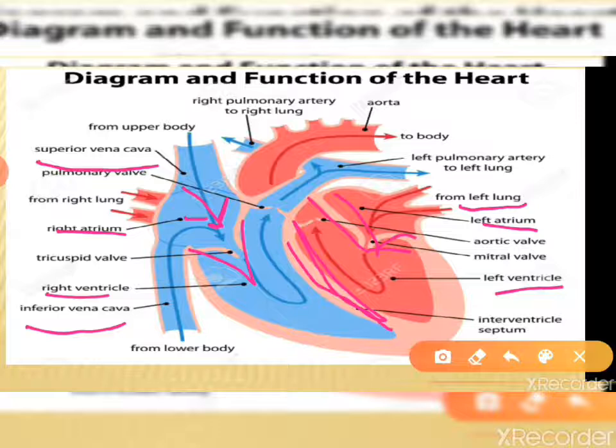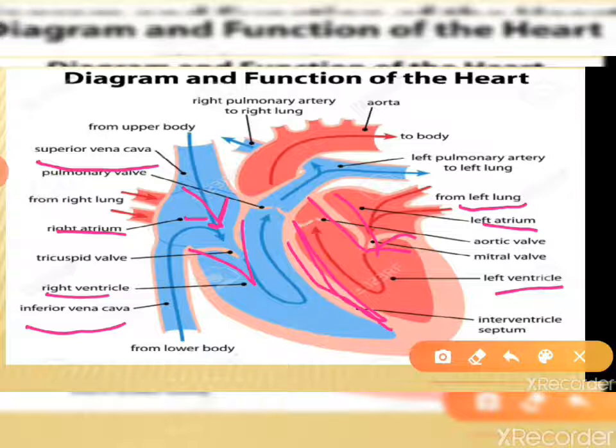When both the atria, the right and left one, are completely filled with blood, the valves open, and as the valves open, the blood starts coming into the ventricles. Ventricles start getting filled with blood, both the ventricles, right as well as left, at the same time.